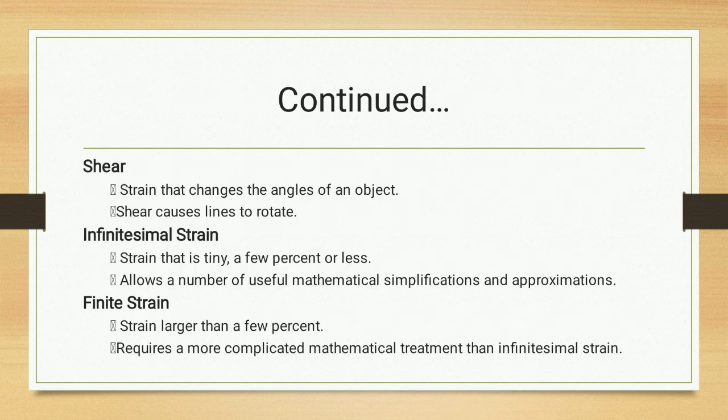Shear, a strain that changes the angle of an object, is called shear strain. Shear causes lines to rotate. Infinitesimal strain. A strain that is teeny, a few percent or less, is infinitesimal strain.